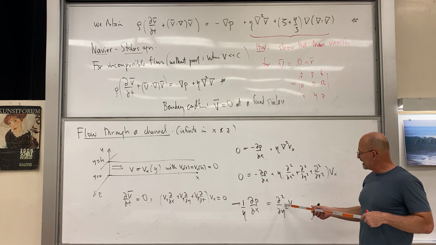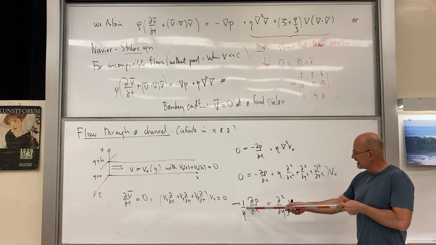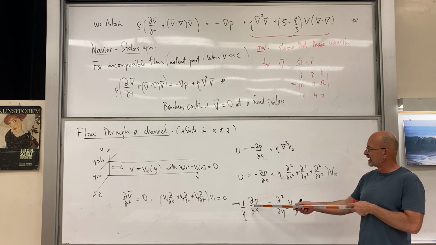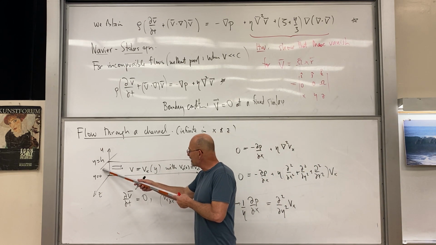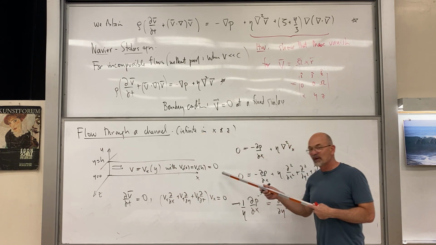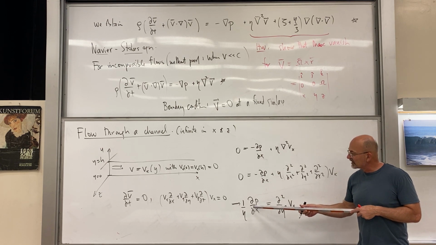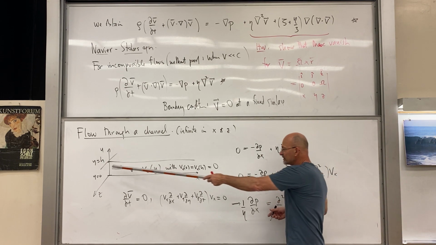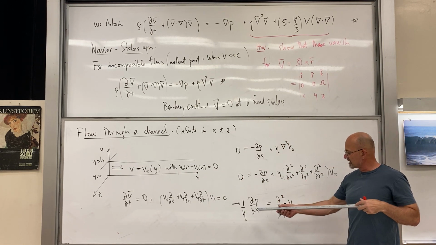Now on the left side, we're just going to have a constant. What's happening is this flow is being driven by a gradient, but that gradient is constant because of the infinite nature of this setup.